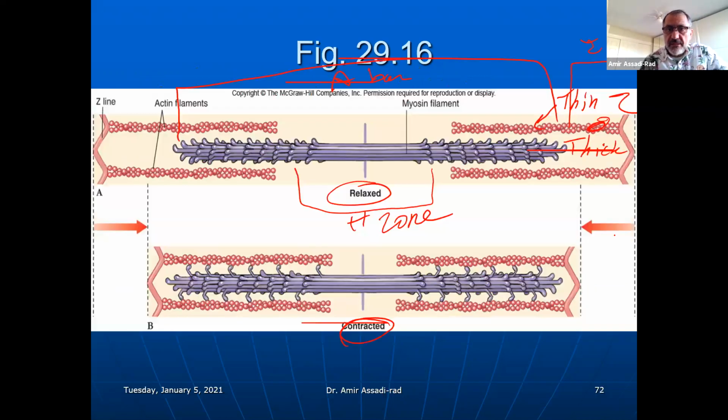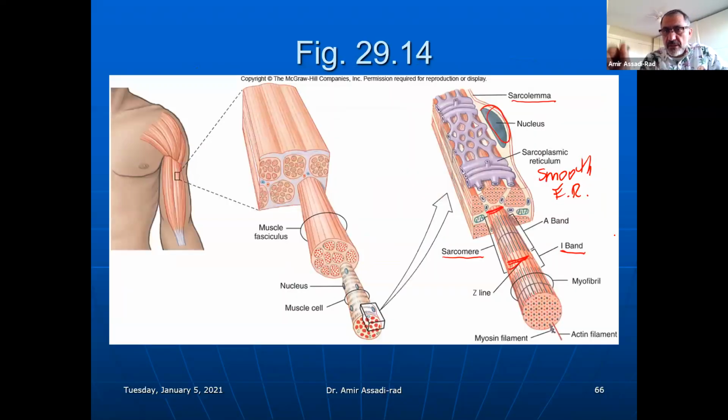And then all of that is up right here. Remember, the A band is from actin and myosin. The I band is just actin, of course, plus the Z lines in between. So the A band, nothing happens to it, it stays the same.